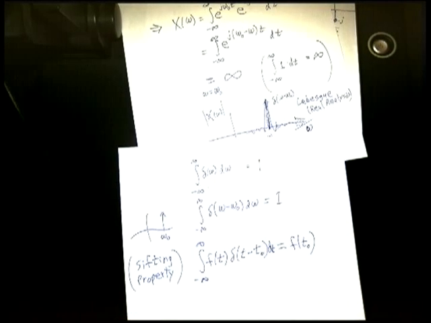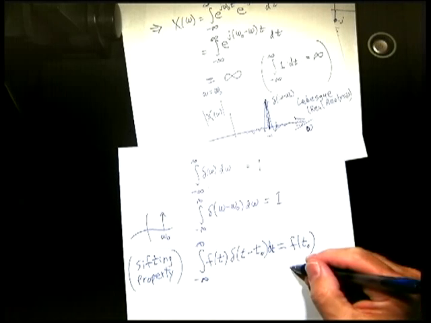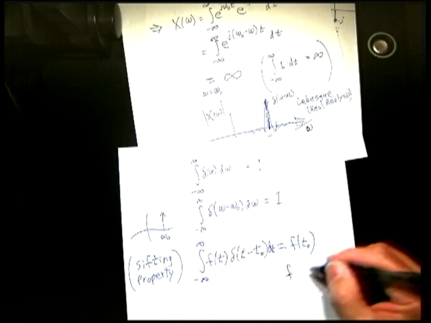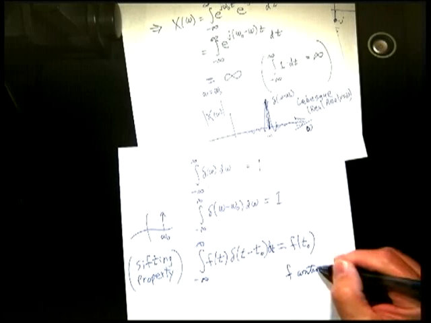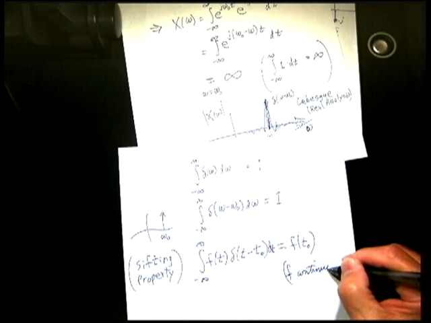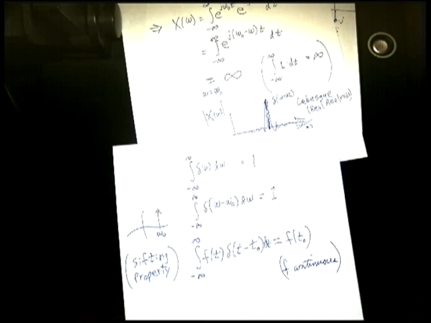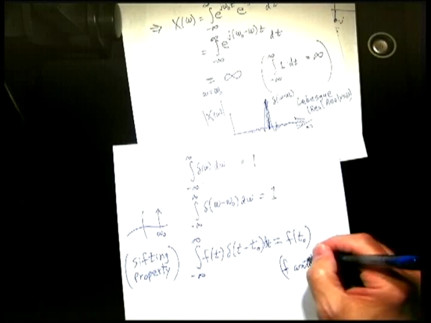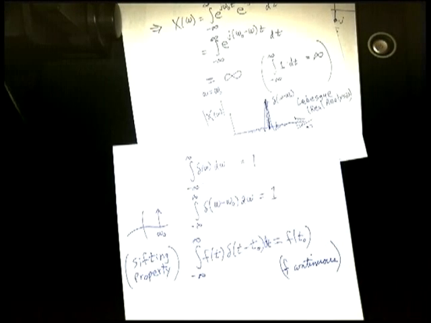So you can multiply a function by a delta function at any point, integrate, and get the value of the function at that point. Now, this is, of course, for a well-behaved function. So let's just say f is continuous to keep it reasonable.